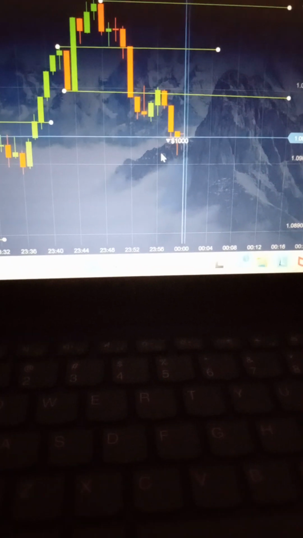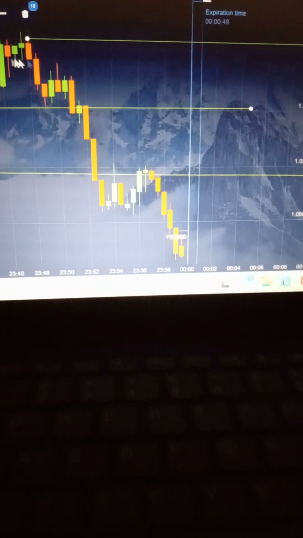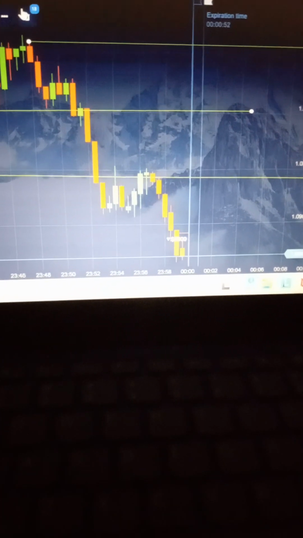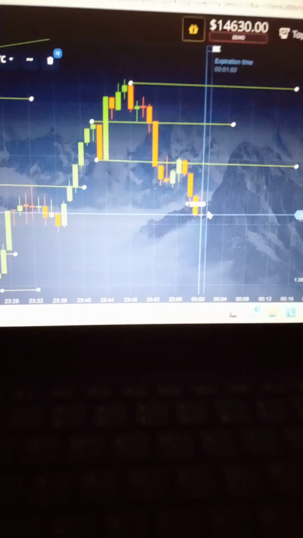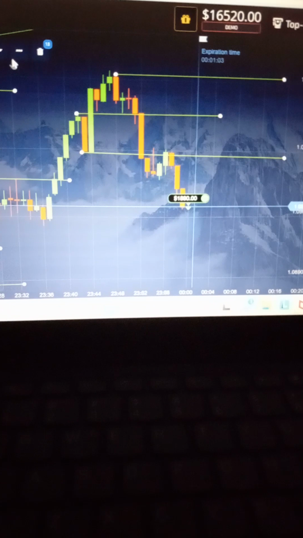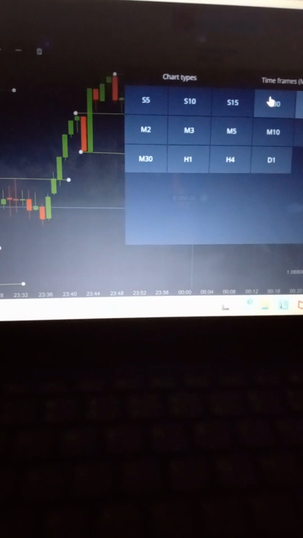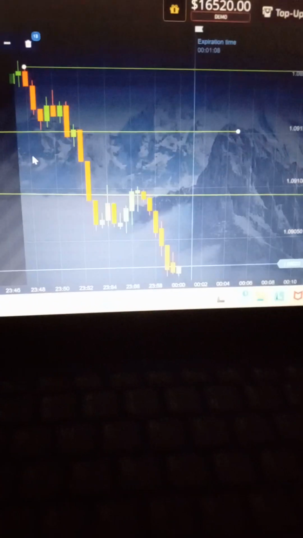Once price breaks through support or resistance of the time frame that you are on, you drop down to a lower time frame to find out whether it is an actual breakout or not, like I did when I went from the 1 minute time frame to the 30-second time frame. And as you can see, that trade closed in profit.